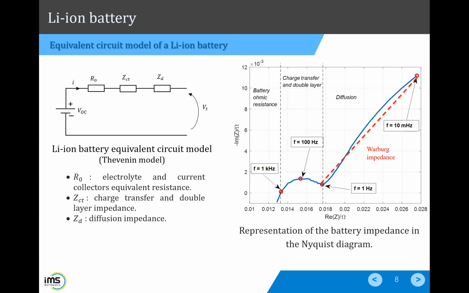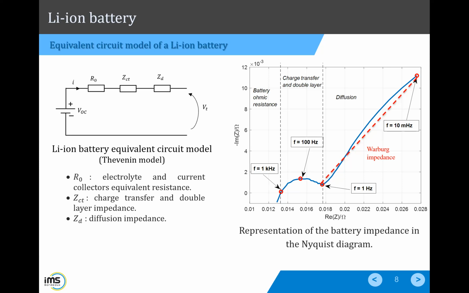The frequency response of the batteries is plotted in a Nyquist diagram, a little bit different from the classical Nyquist diagram. This type of diagram is used in the electrochemical field. They plot the negative imaginary part of the impedance versus the real part of the impedance. As shown in this graphic, the different phenomena happen at different frequencies.